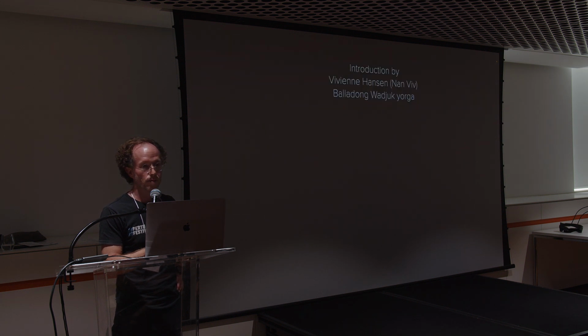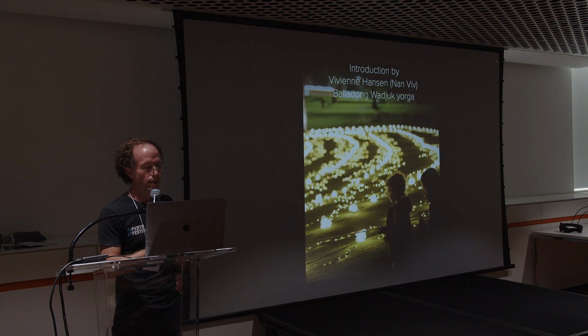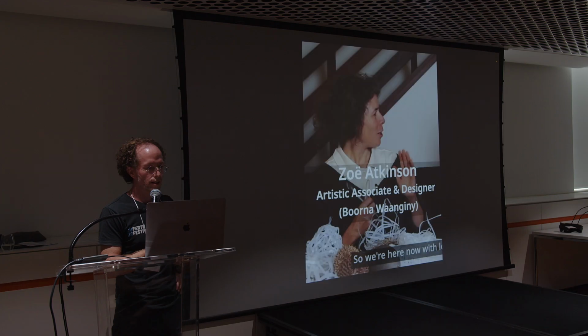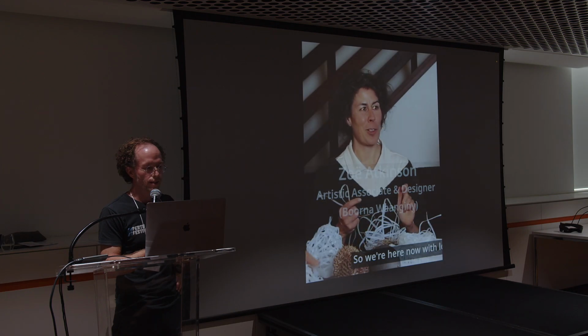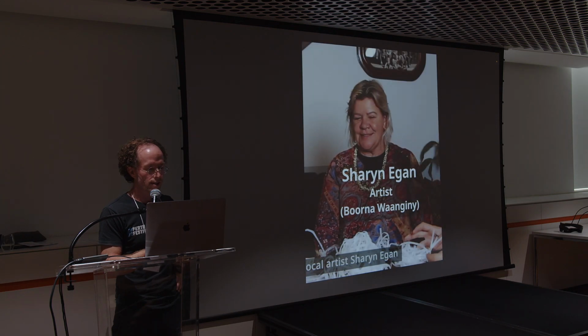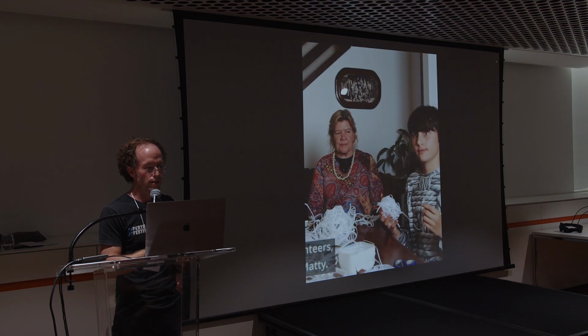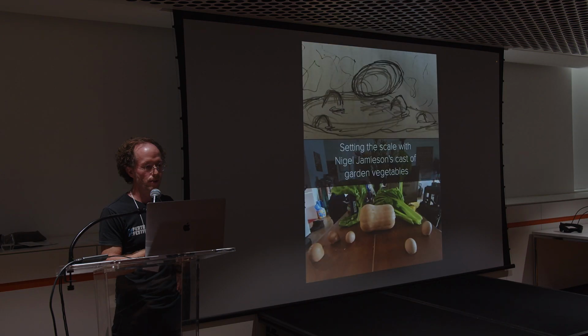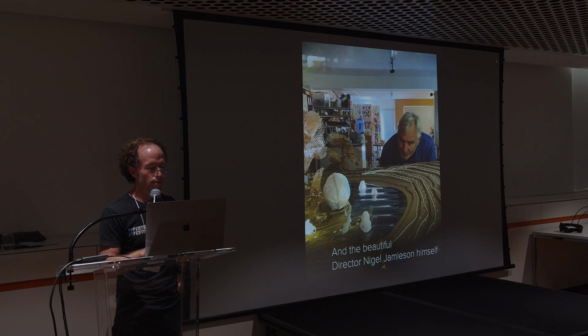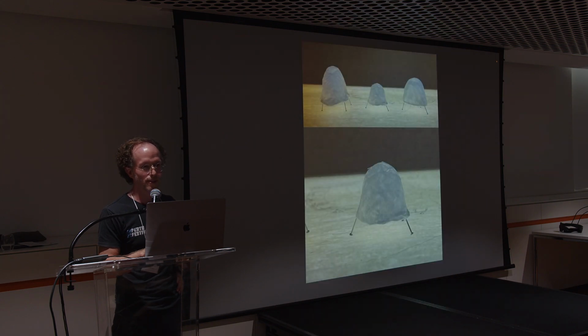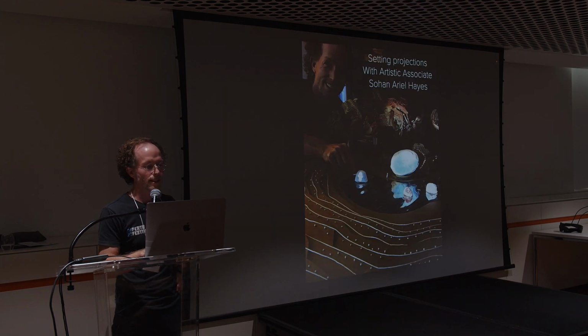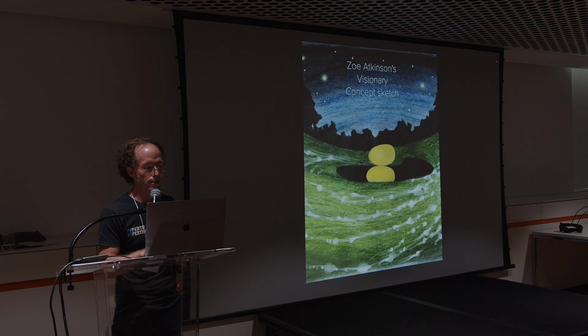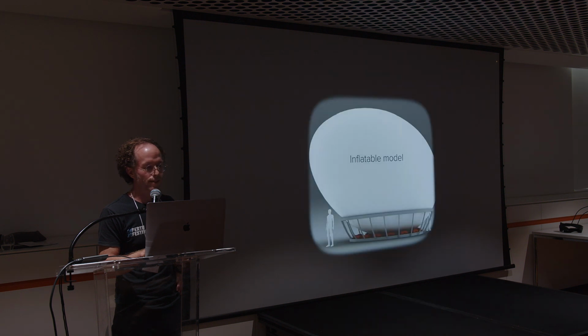We did do a lot of just modelling in the studio. Here's a little bit with Zoe and Sharon, building some of these nests, a weaving project which became illuminated, and then Nigel setting up, using his garden vegetables to indicate scale, and that's one of the cardboard sets in the studio, and so on.